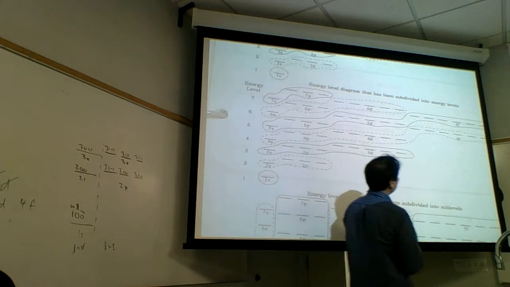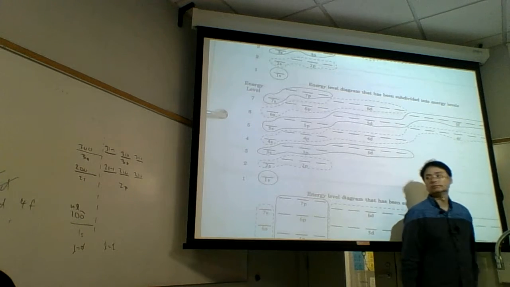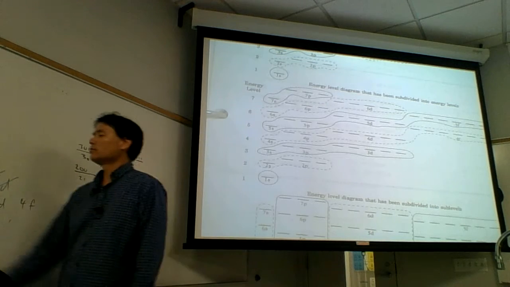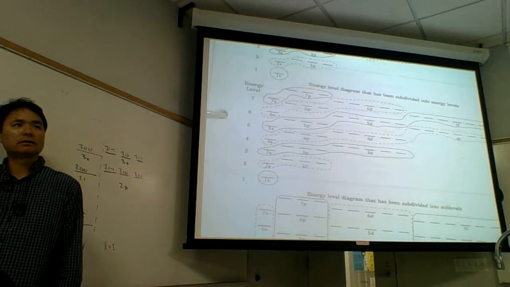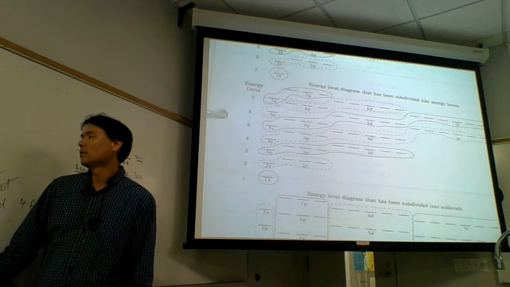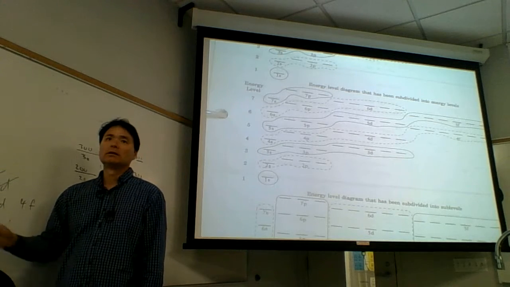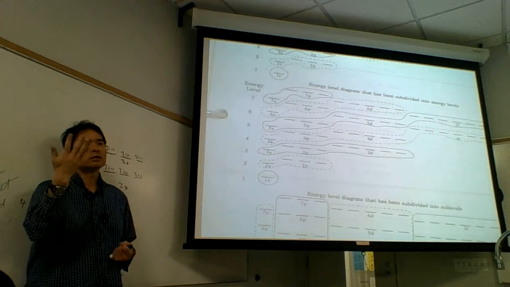So for example, 4f, how many orbitals are there in 4f? The pattern there: we saw there are 5 orbitals in a 3d. When we get to the f, how many orbitals? There's 7, yeah. When we get to the f, L is equal to 3. So how many are there? Minus 3, minus 2, minus 1, 0, 1, 2, 3.